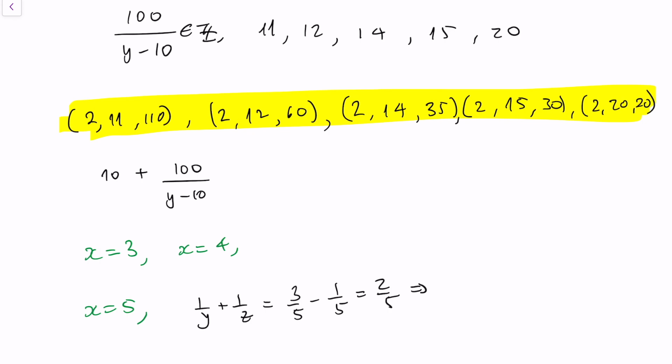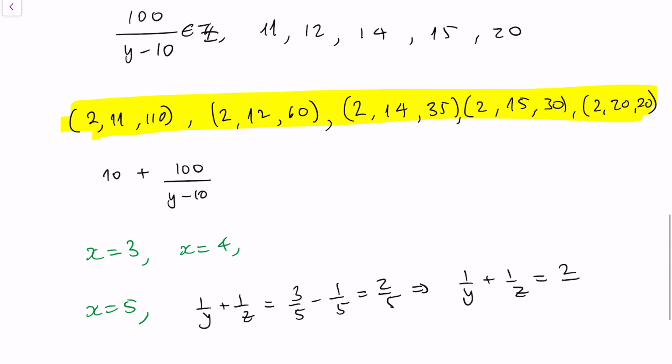That implies 1 over y plus 1 over z is equal to 2 over 5. Well, simply y is equal to z is equal to 5. So this is the solution we've guessed to begin with. So x is 5, y is 5, and z is 5.